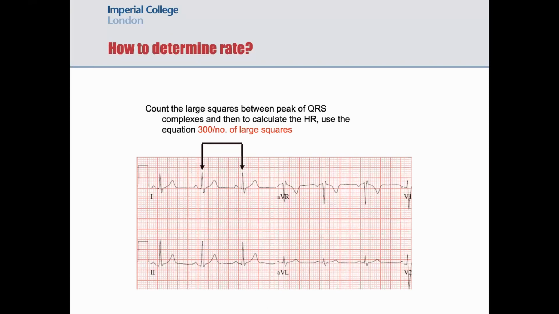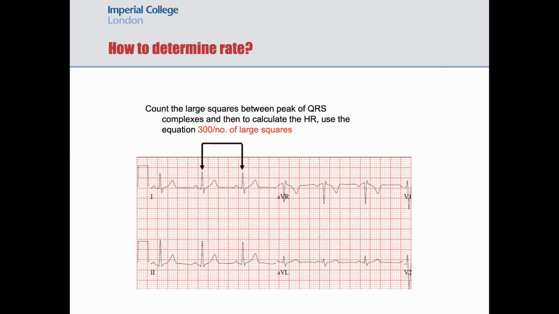So essentially, there's a caveat. The only situation where you can use this is when you know that the ECG is in a regular sinus rhythm. We'll talk about how you calculate irregular rhythms in a bit, but why the equation works is because of the way the ECG is calibrated: the paper goes at a speed of about 25 millimeters per second.